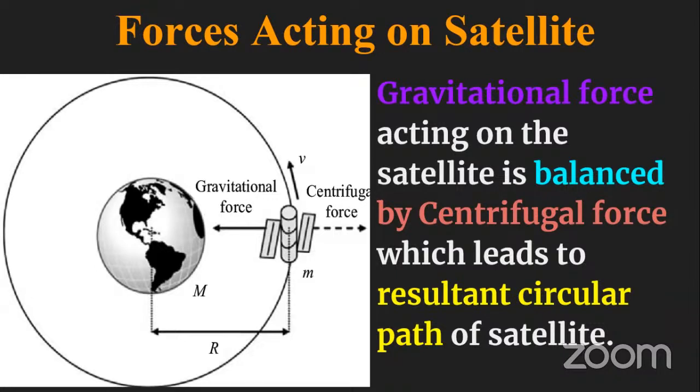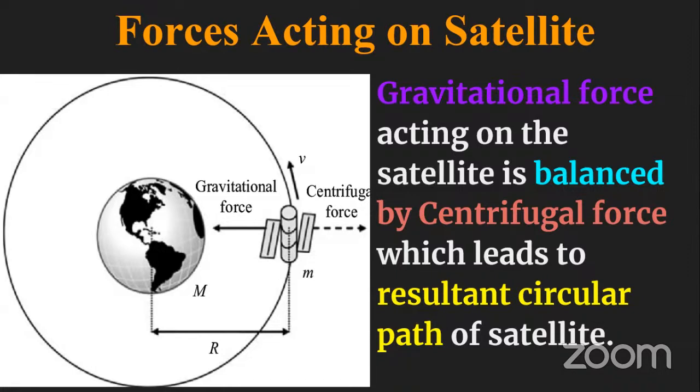If there is no centripetal force, the body will not be able to perform a circular motion. If I'm saying that all the planets and all the satellites are moving in circular orbits, it means that to perform the circular motion, they require centripetal force.